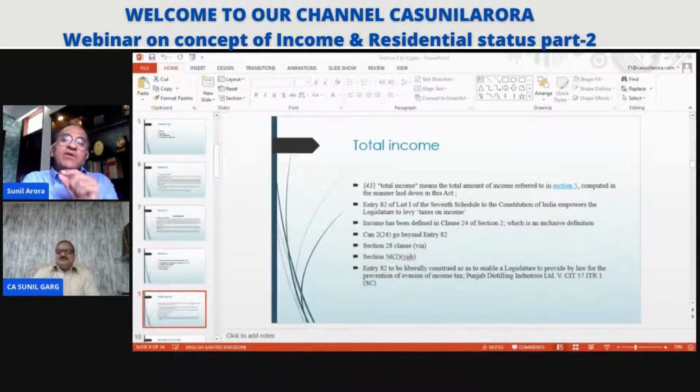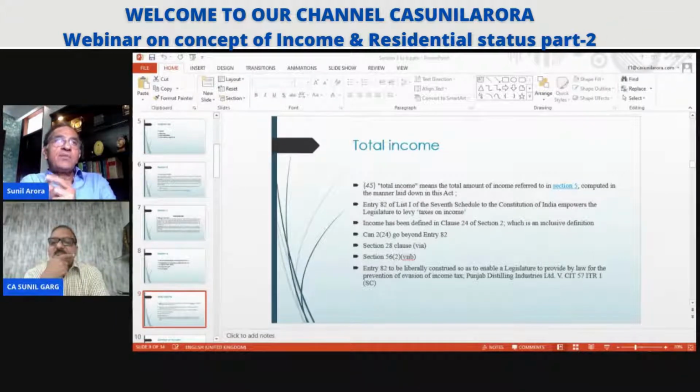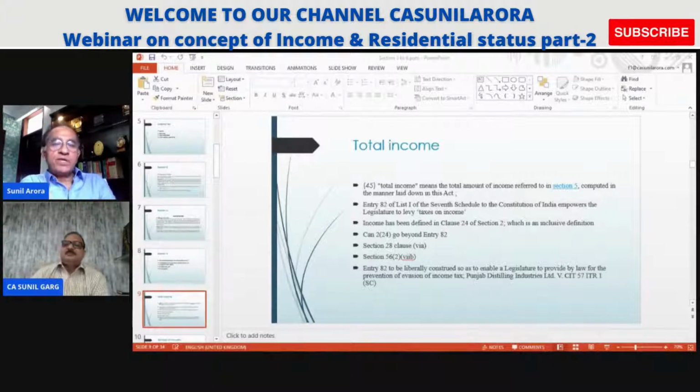Now, to my mind, let me take up a specific clause. Section 28 clause 6a was introduced a couple of years back. The clause is that if I convert my inventory into a capital asset, then the fair market value of that inventory on the date of conversion will be deemed to be my consideration, and the difference would be treated as my income from business under section 28 clause 6a of the Act.